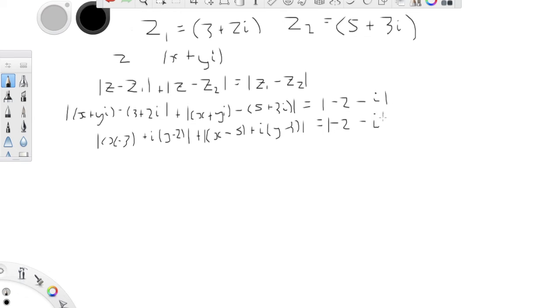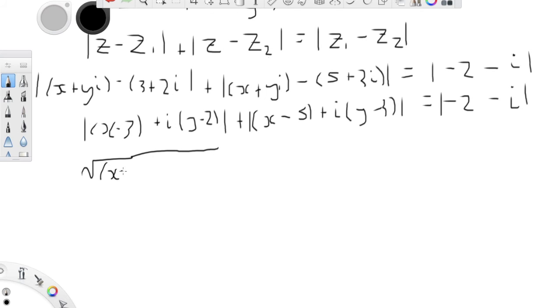So we can take the modulus of these and work that all out. We get the square root of (x minus 3) squared plus, and the i disappears, remember, (y minus 2) squared, plus the square root of (x minus 5) squared plus the imaginary part, (y minus 3) squared.